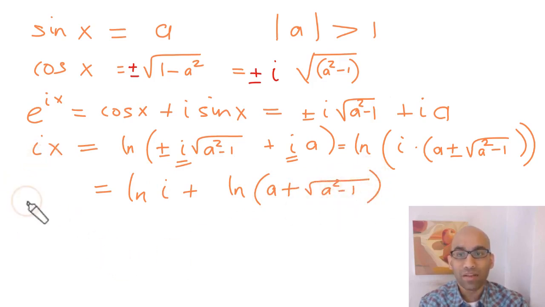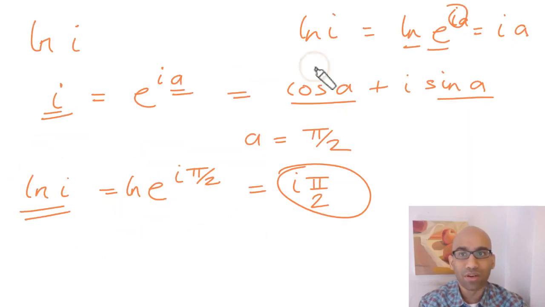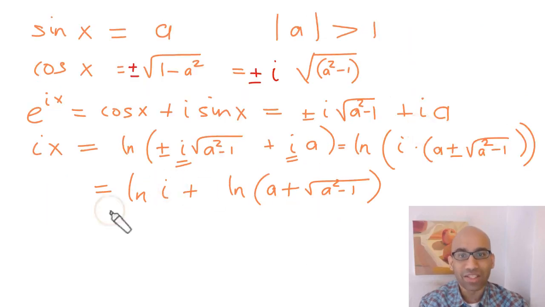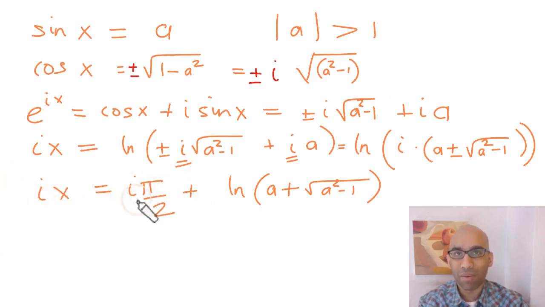And now we got log of i from our previous example. We know log of i is equal to i pi divided by 2 using this same exact logic. So let's just write this as i times pi divided by 2, and we've got ix here. And now let's divide by i on both sides of this equation.